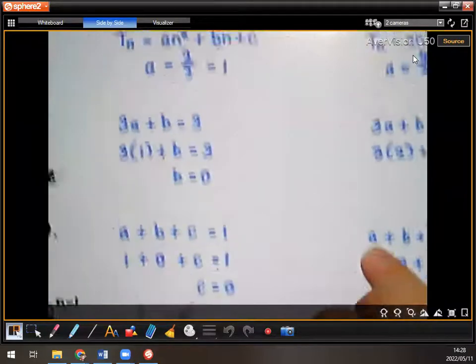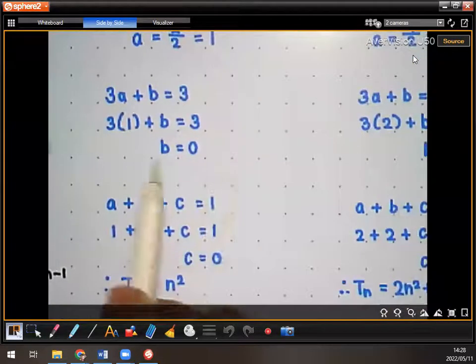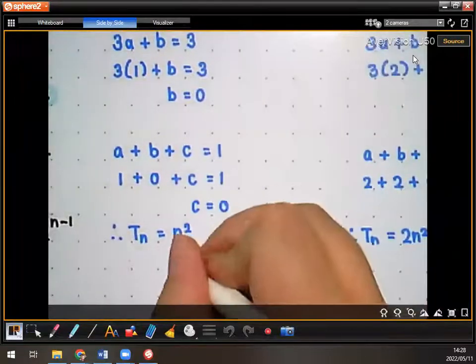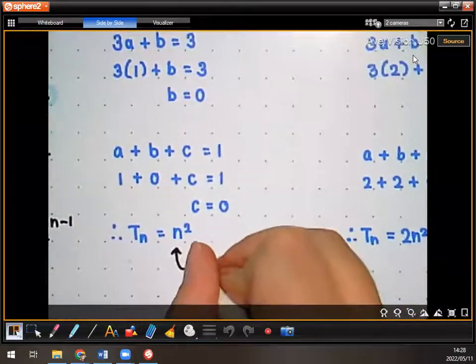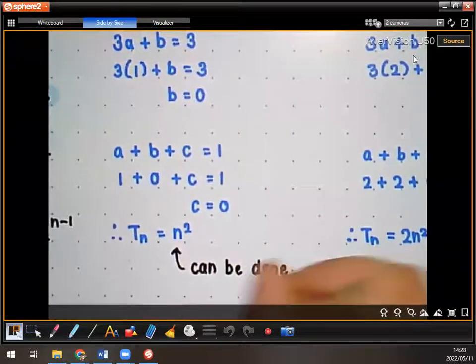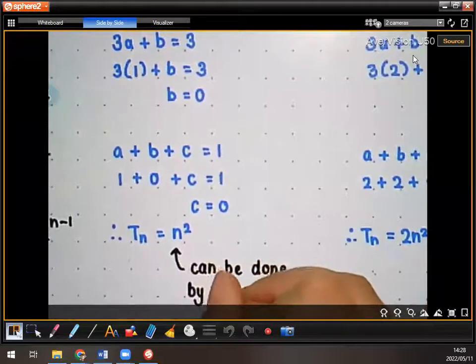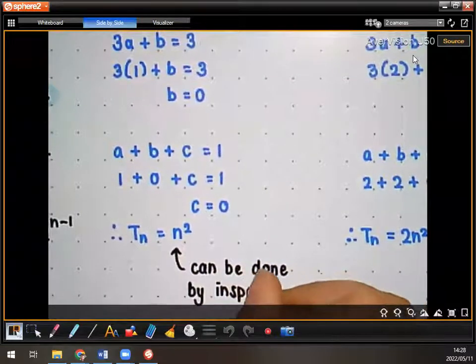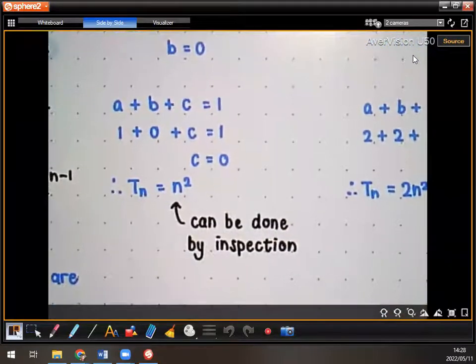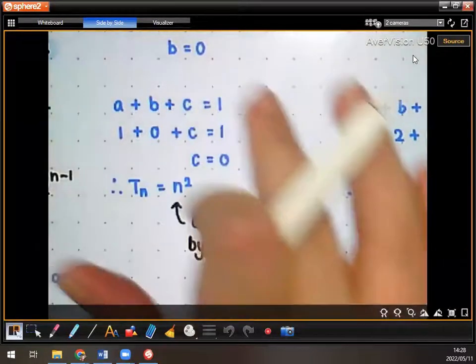So you actually end up with a being 1, b being 0, and c also being 0. Right, so this one can be done by inspection. Or you can use the formula, you can always go back on that, but maybe I can save some time. You can try and look after that one.